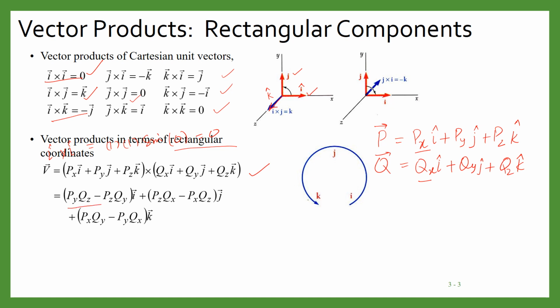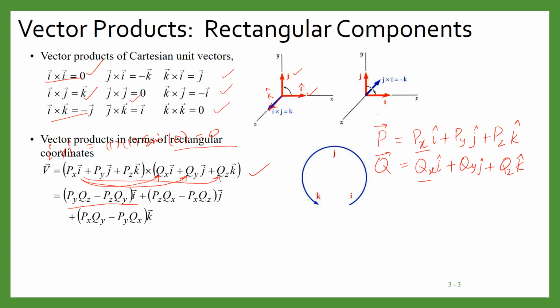So this is what you get when you multiply. When you take the product of this, this will be 0 because it is the same vector, then you multiply by this, and then you multiply by this.